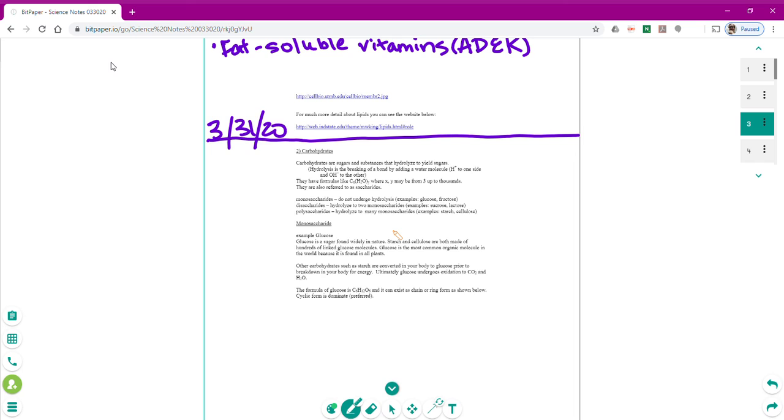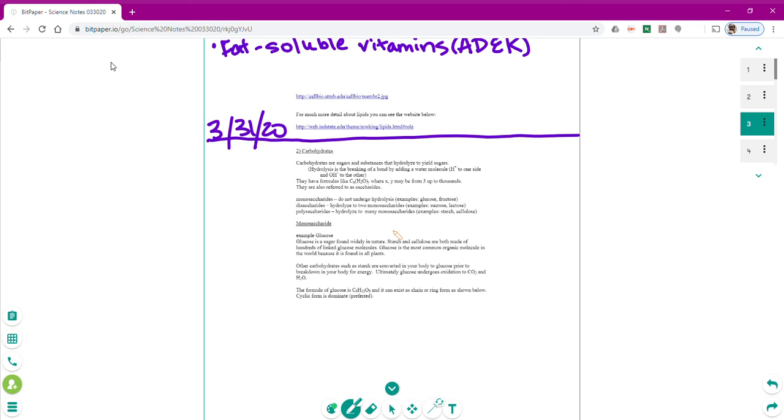Vitamin A helps your vision, helps fight off night blindness and things like that. Okay, so these are useful vitamins. These are vitamins we need to be able to hang on to. So how could we possibly hang on to these things?